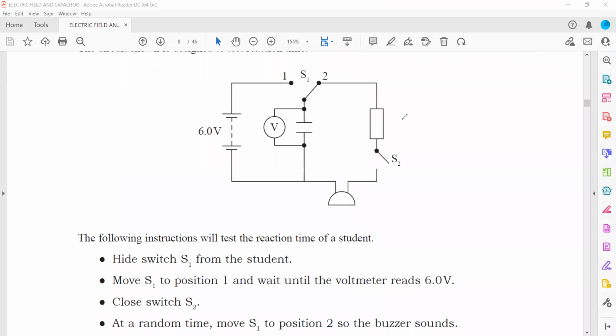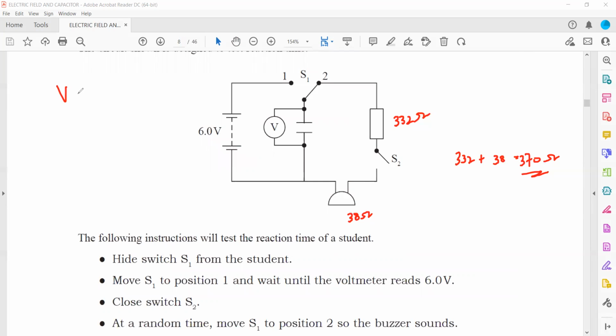So 332 plus 38 equals 370 ohms. That's the total resistance through which the capacitor is discharging.